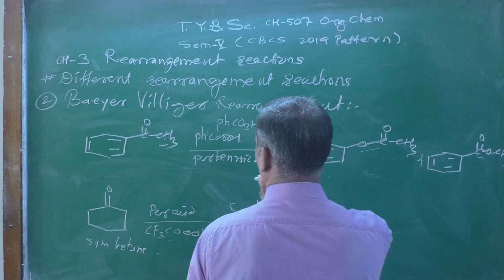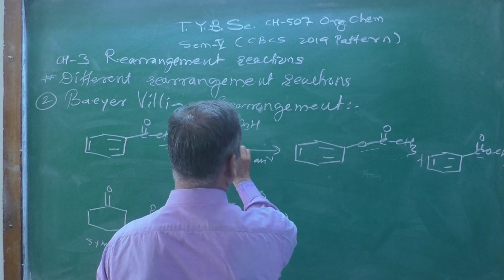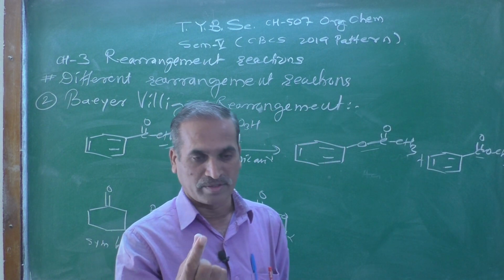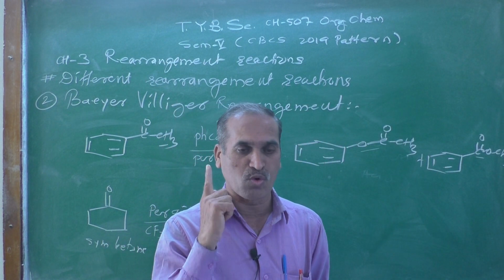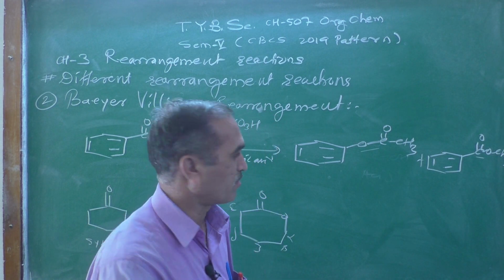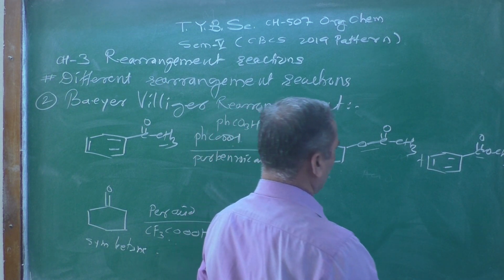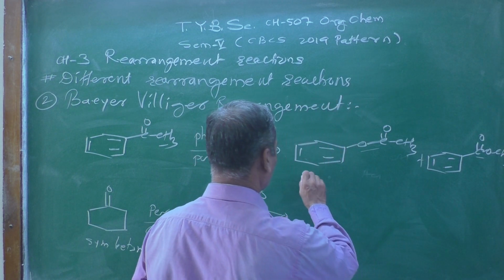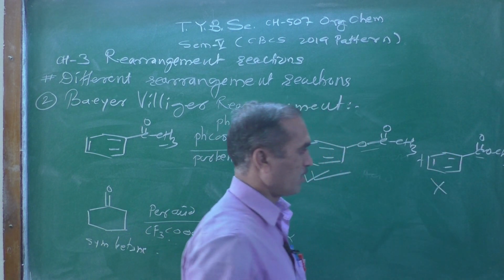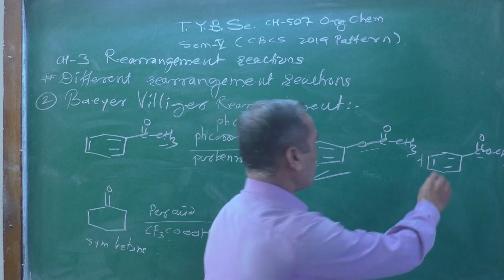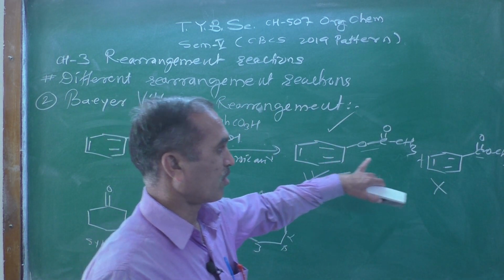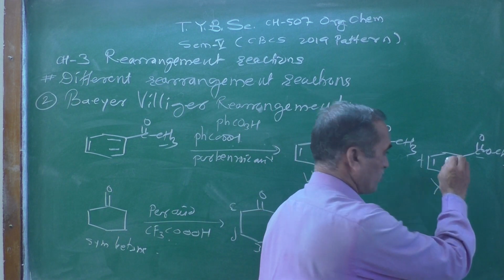Therefore when perbenzoic acid is used, among these two only one is obtained, a stereospecific reaction, meaning only one and only one product is obtained. That kind of stereochemistry is known as stereospecific. You are going to get this compound, not any trace amount of the other. This will not be observed over here.